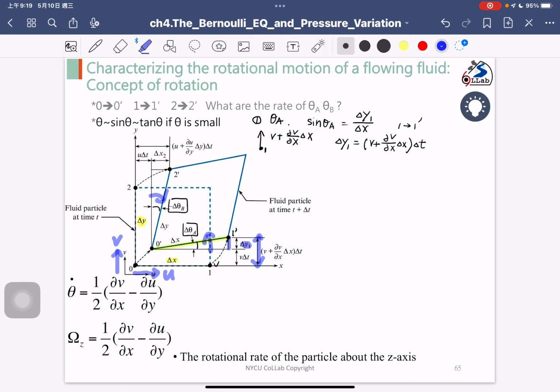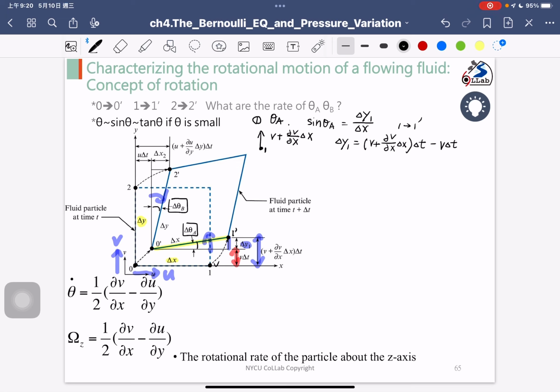And if I keep the velocity at point 1, the travel distance here is the velocity at point 1 multiplied by delta t. If I keep the velocity at point 0, where the velocity is always v, then I need to subtract v multiplied by delta t. So the difference between the two travel lengths is equal to delta y1.